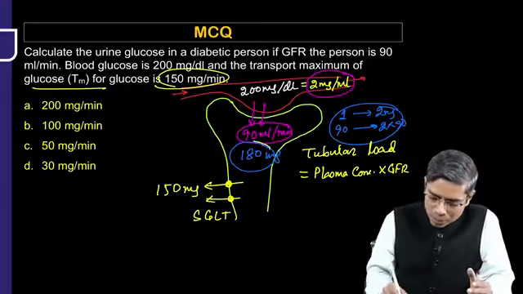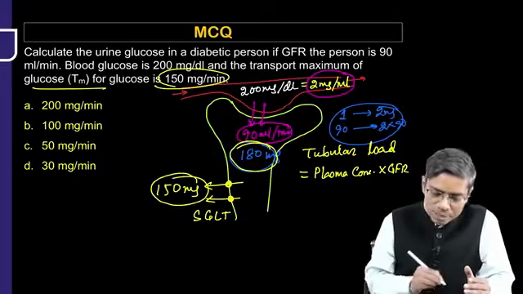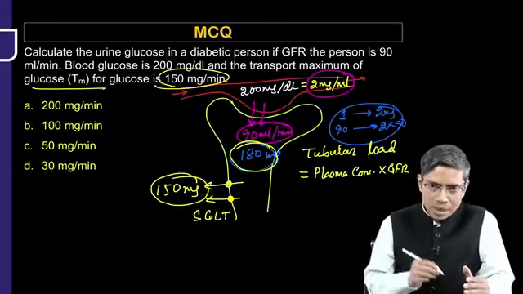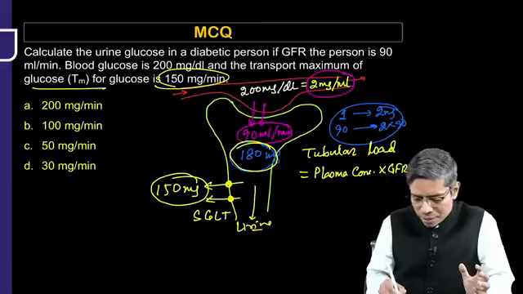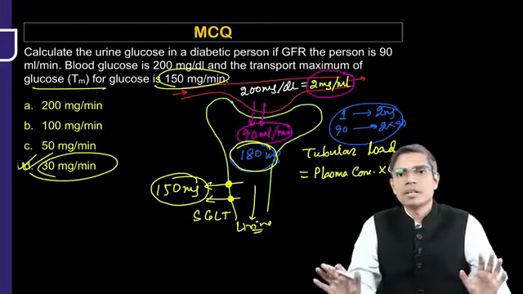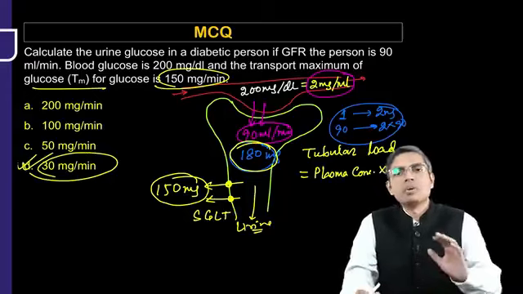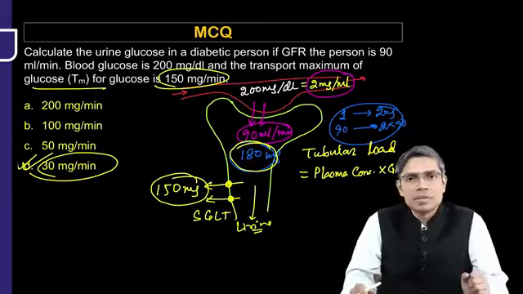So total 180 milligram of glucose has been filtered. Within that 180 milligram you have reabsorbed 150. How much glucose will remain? The remaining glucose will appear in the urine, and that is nothing but 30 milligram per minute. Got it? So this is the way to answer a question similar to this kind of MCQ, right?